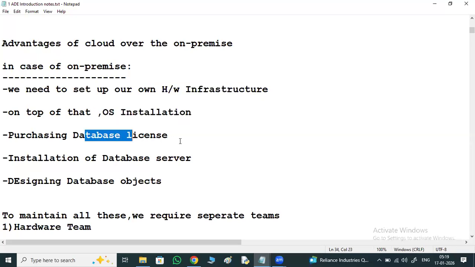We need to purchase the database license, install the database server, and design the database objects.